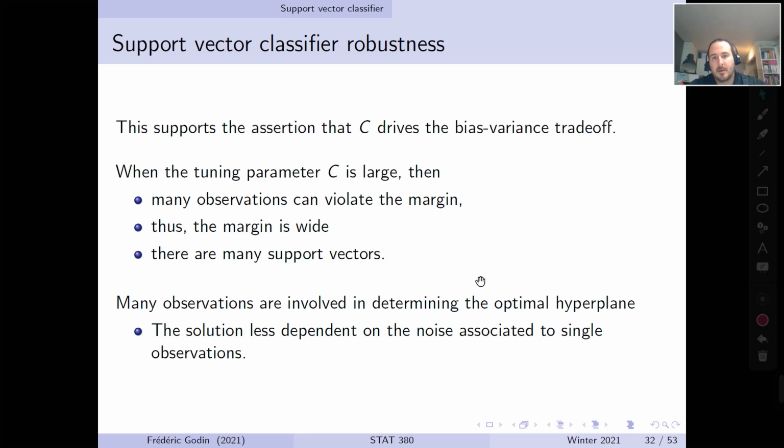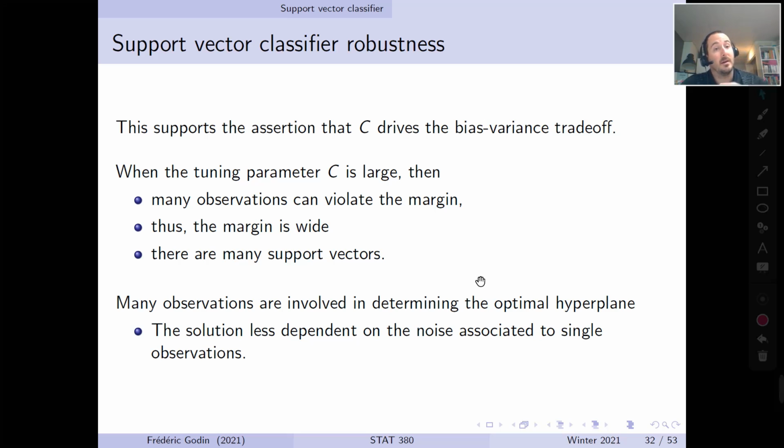Okay, so again, this supports our assumption that capital C drives the bias-variance trade-off, because when we allow for more violation, then we'll have more data points violating the margin, so more support vectors, so the optimal hyperplane will depend on more data points.